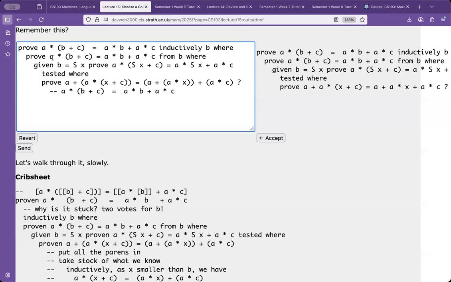So you can see here, B is the successor of X, so we are entitled to know a version of the goal where B is replaced by X. So now we've got our induction hypothesis sitting there being handy.